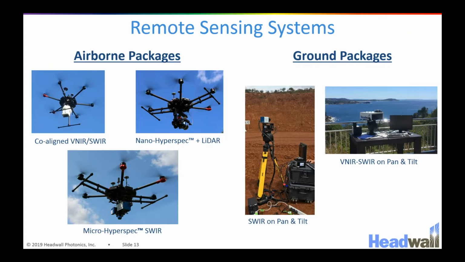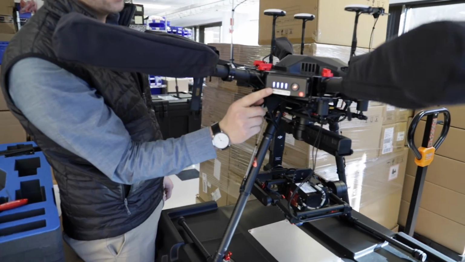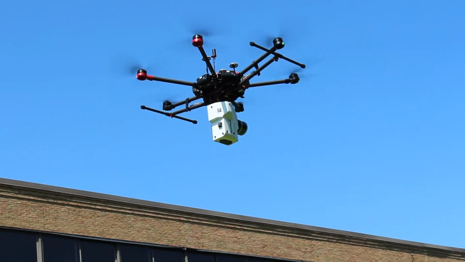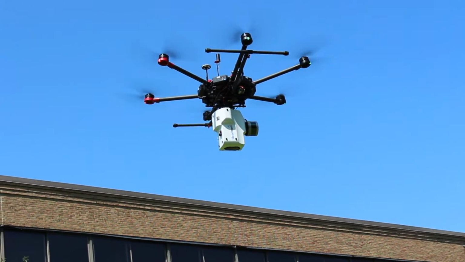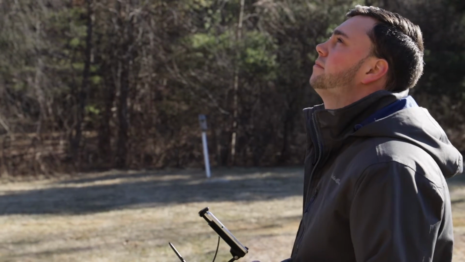If all the people who are live in the room turn around and look next to my colleague Charlie, that's one of our drone systems with a co-aligned Veneer SWIR sensor and a LiDAR all set up on a DJI Matrice 600 Pro.